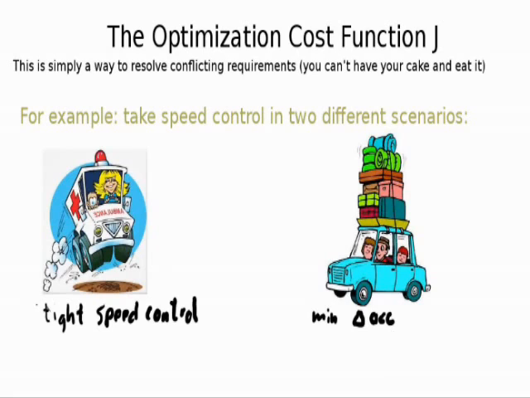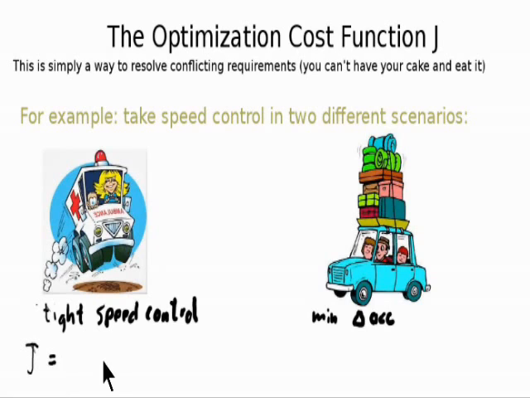This demonstrates an important concept in feedback control. You very typically have a conflict between accuracy and the cost of control, or fast changes in the manipulated variable. In this case, a manipulated variable is the accelerator pedal. And the model predictive controller uses an optimization cost function J to resolve this conflict.